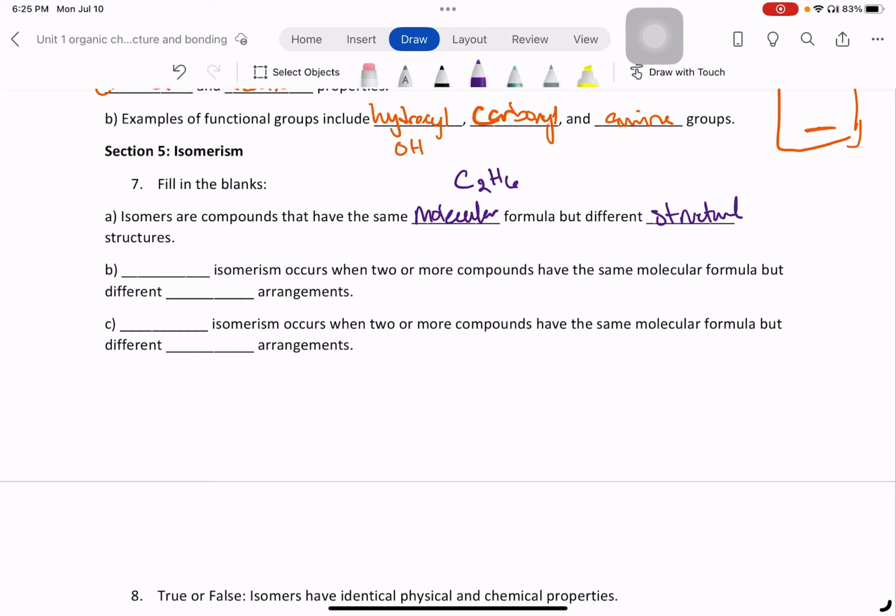Not so much in this example, but you get the idea. If you have something like C4H10, you could have different structures with the same molecular formula but a different structural formula. That means they look different, but they have the same formula overall.